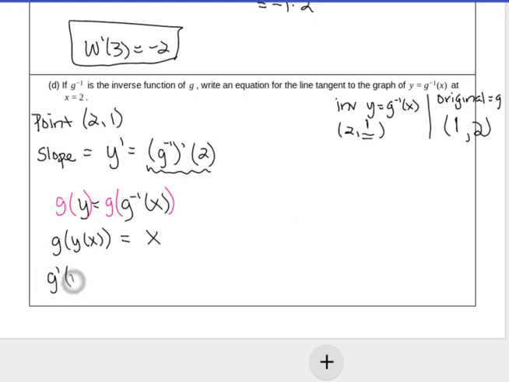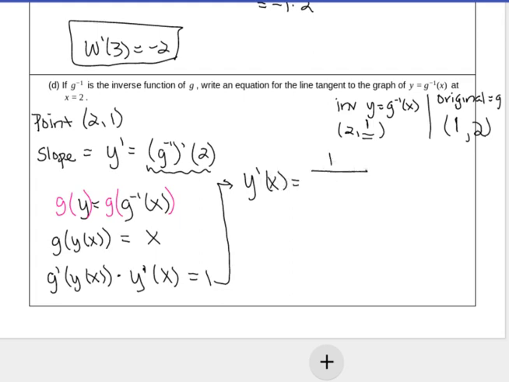So I'm going to get g prime of y of x times the derivative of the inside, because I can't forget that chain rule. So y prime of x is equal to 1. And now, if I go back up here, I can solve for y prime of x, and it's going to be 1 over g prime of y of x. So if I want to find the slope at 2, I'm going to plug in 2. So y prime of 2 is going to be 1 over g prime of y of 2.